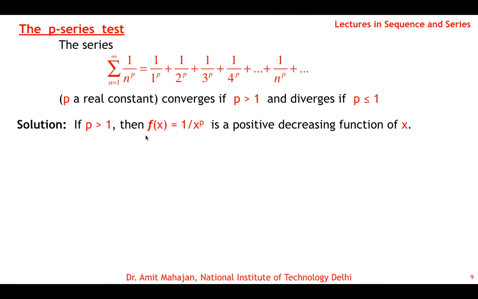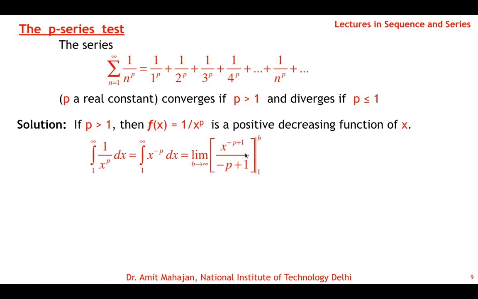So if we calculate the integral from 1 to infinity of 1 by x power p dx, we can rewrite 1 by x^p as x power minus p dx. So we know the integration of this is x raised to power minus p plus 1 over minus p plus 1, with limits 1 to infinity, meaning we can write 1 to b with limit b tends to infinity, upper limit first then lower limit.